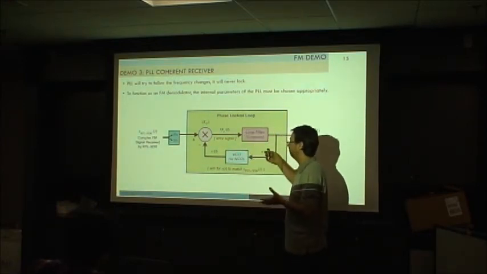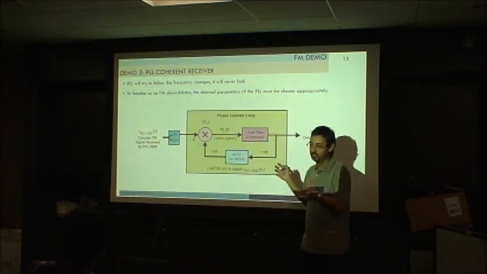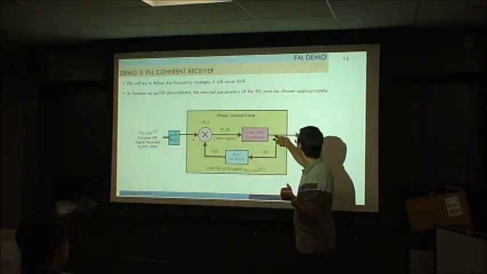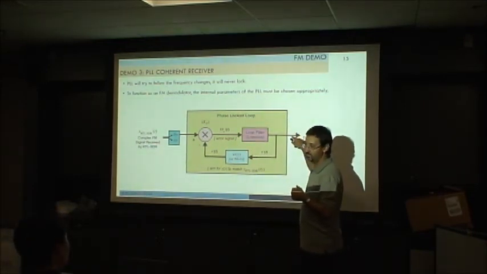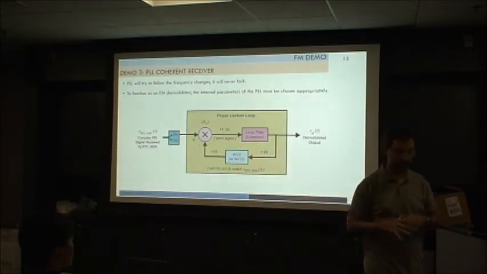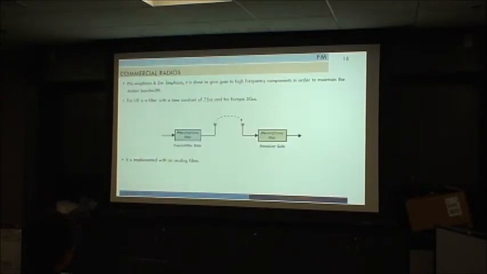So the problem with this PLL is it will never get locked. It will always be trying to capture. So here, we will have that phase difference so we can recover the signal. We are not implementing it this way because that's the analog way, but just to give you an idea.